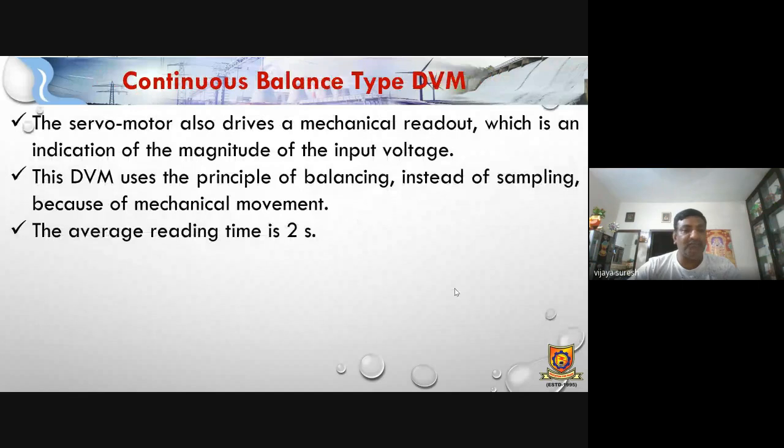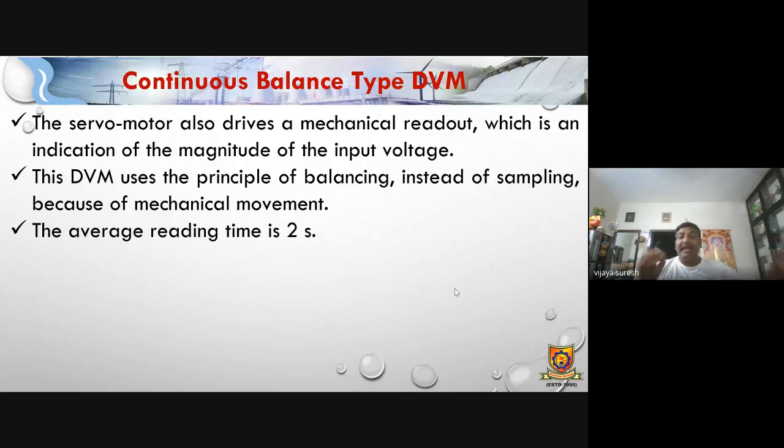And here we'll say one thing: the average reading time is 2 seconds. It has to change the value. Here mechanical position changes are there because a servo motor is there. That servo motor has to change the position of the reference voltage level.